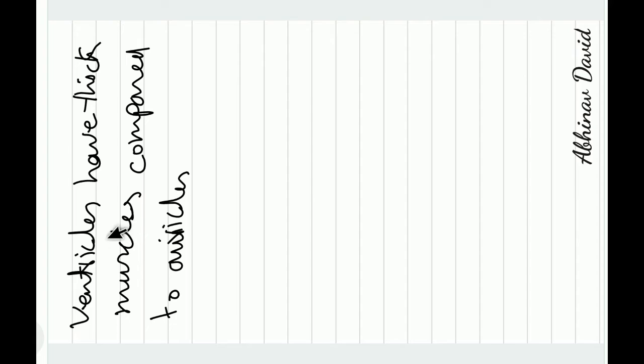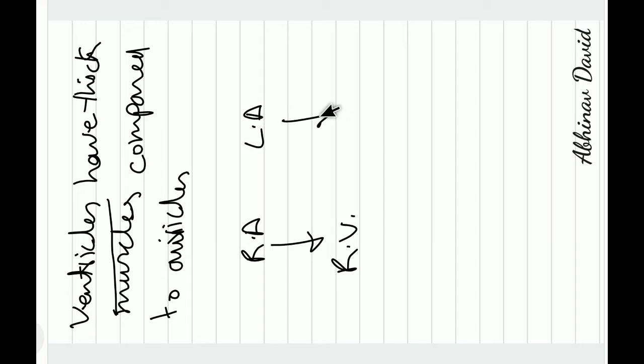Because the auricles have to pump the blood only to the ventricles. The right auricle will pump the blood to the right ventricle, and the left auricle will pump the blood to the left ventricle. Both are within the heart, so the auricles have to apply very little pressure, and for that they have thin muscles.